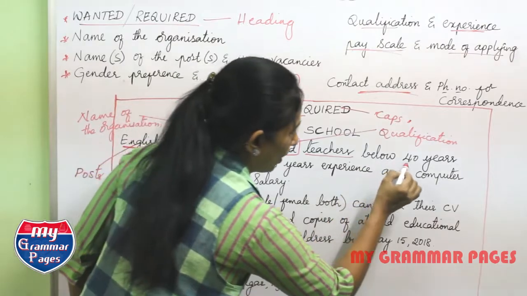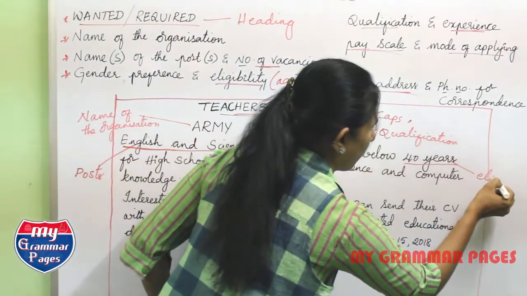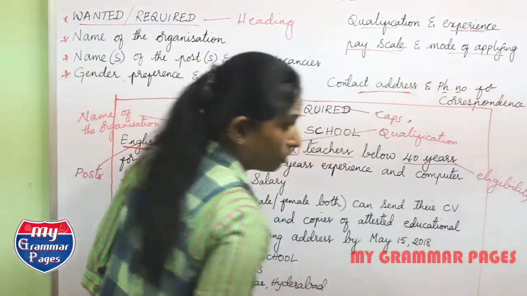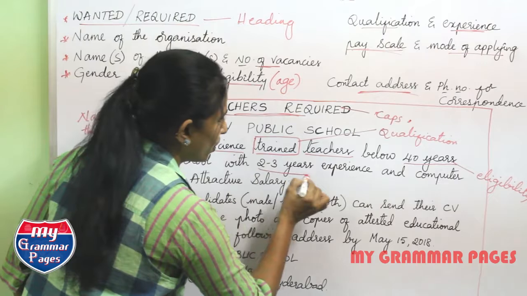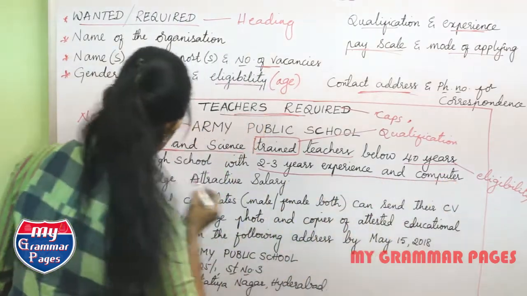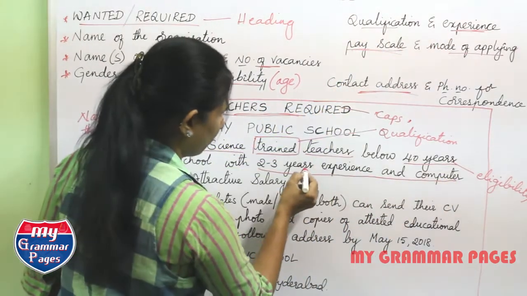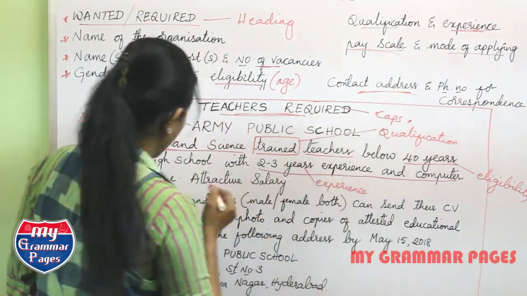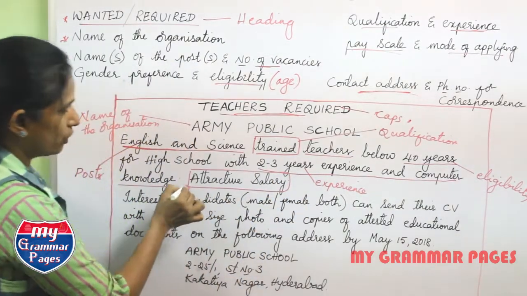And below 40 years comes under eligibility. So they need only young teachers to teach for high school with 2 to 3 years of experience and computer knowledge. This comes under experience.